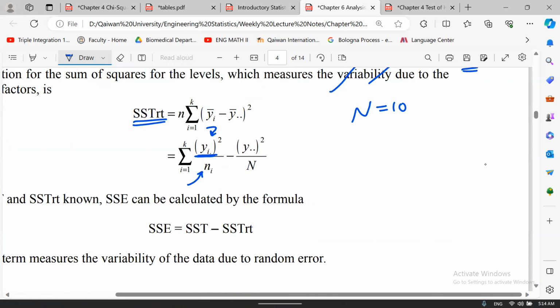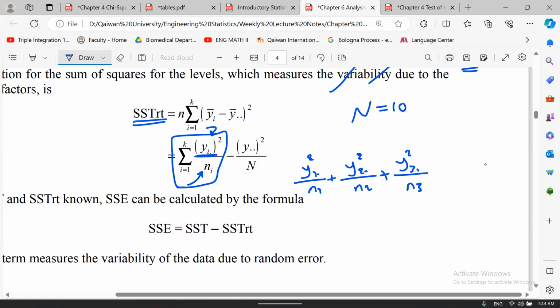That's the summation: Y1 dot squared over n1 plus Y2 dot squared over n2 plus Y3 dot squared over n3.